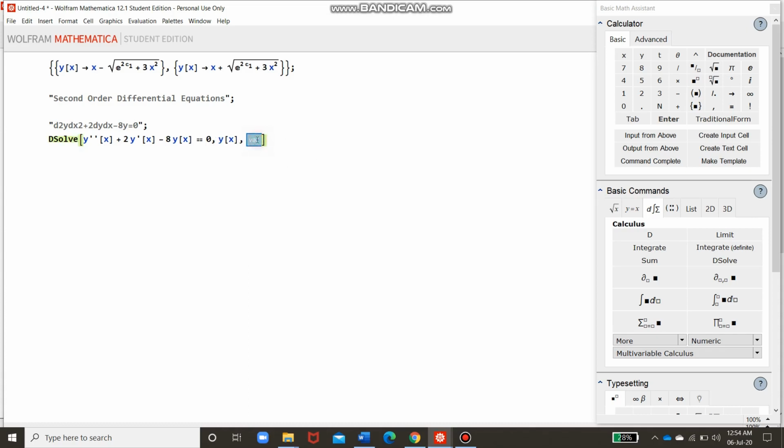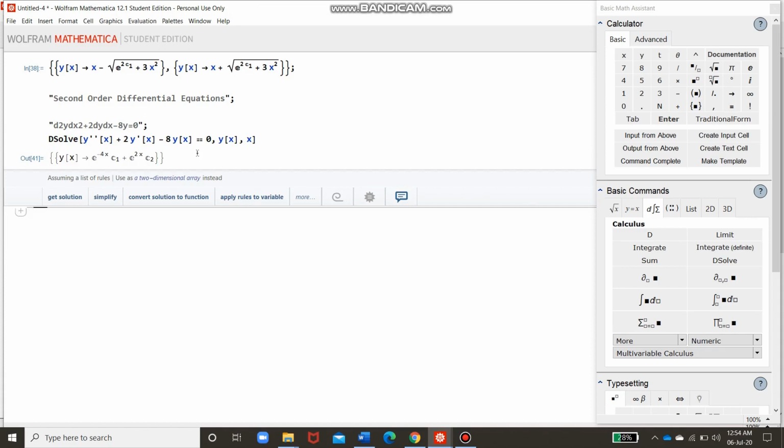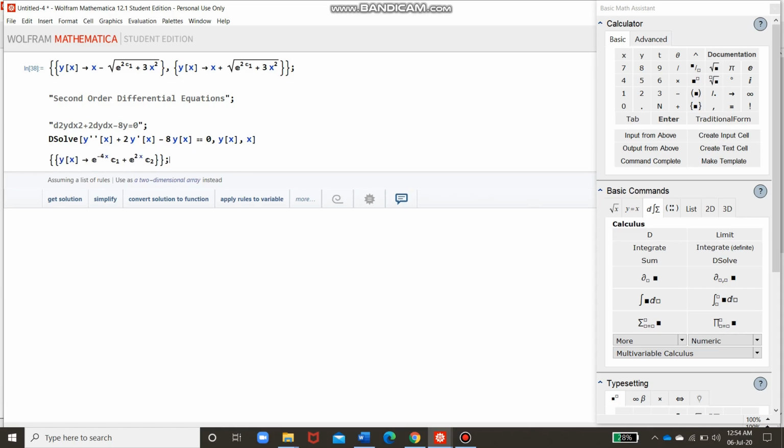And then it should be integrated with respect to x. So I press shift enter, and this is my answer. y of x equals e raised to minus 4x constant plus e raised to 2x constant. So this is your answer for the first problem. I believe it's pretty much the same for all the rest of the problems, so I want you all to try it by yourself.